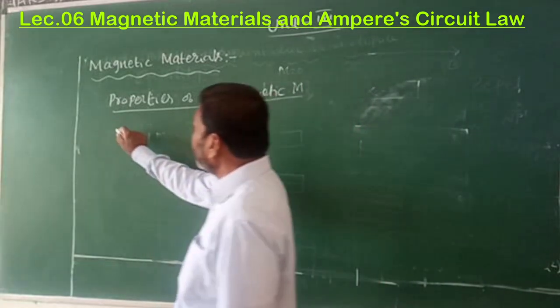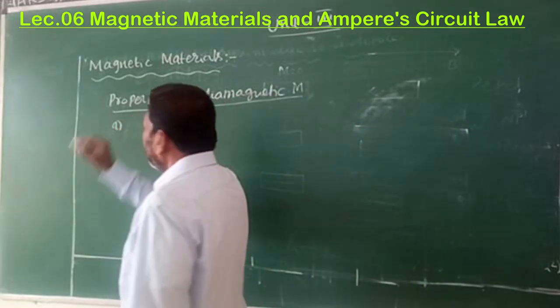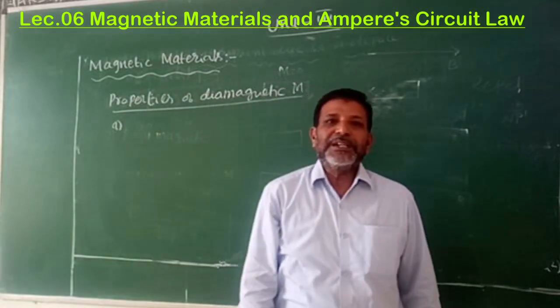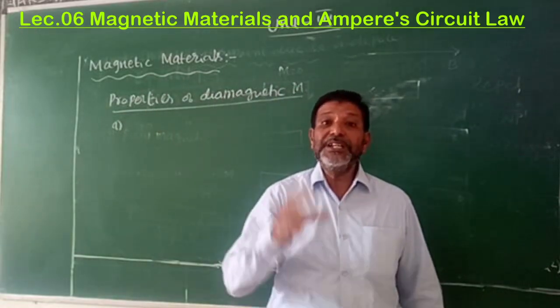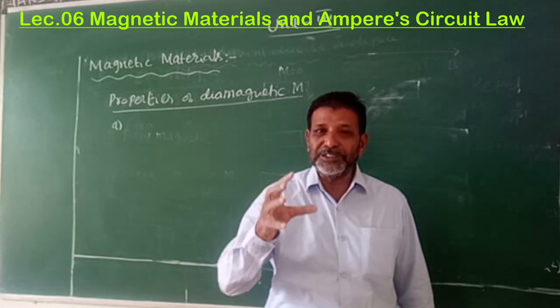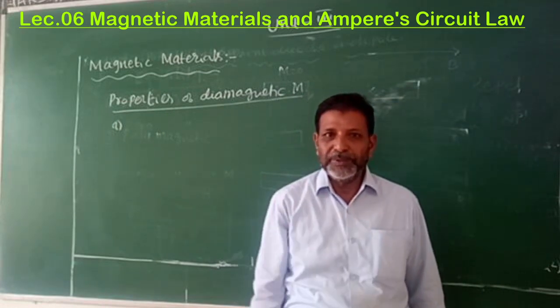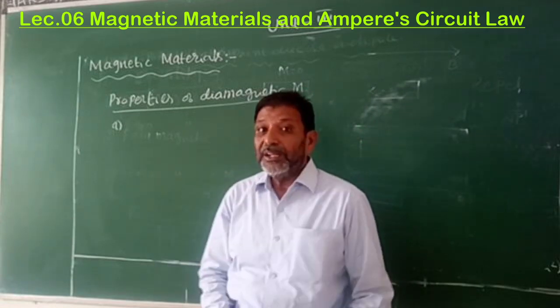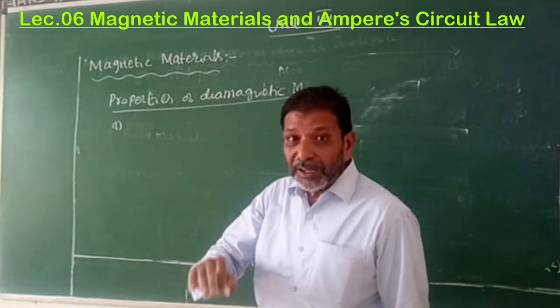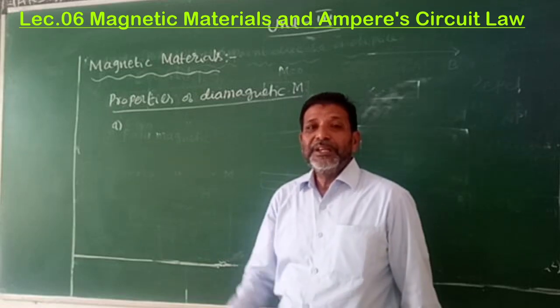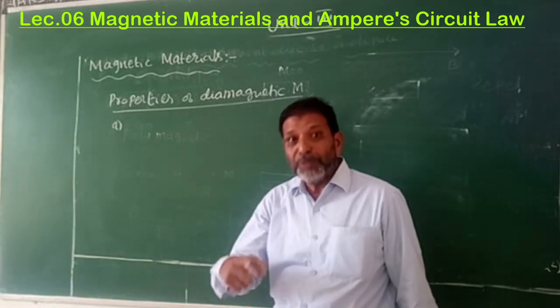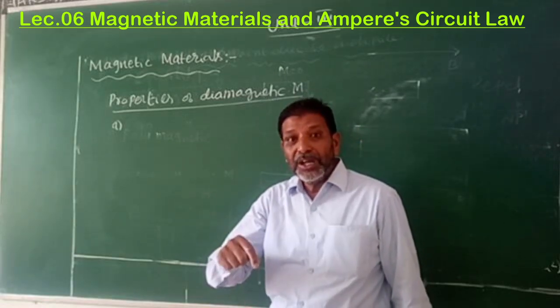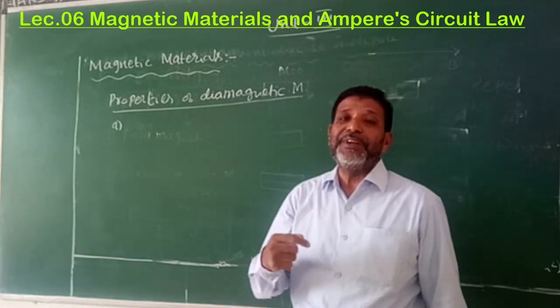Now the first property. In diamagnetic materials, the initial magnetic moment is zero. When such a material is placed in the applied magnetic field, it gains some magnetic moment in a direction opposite to the applied field.